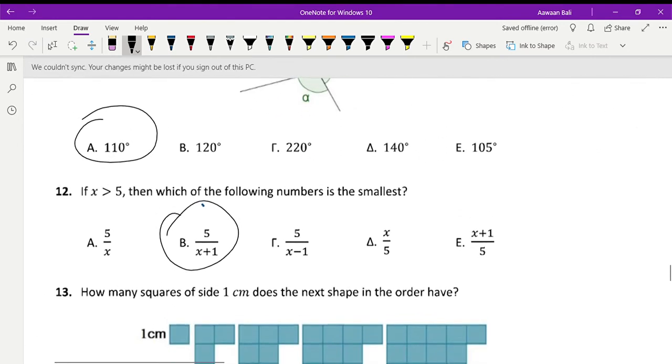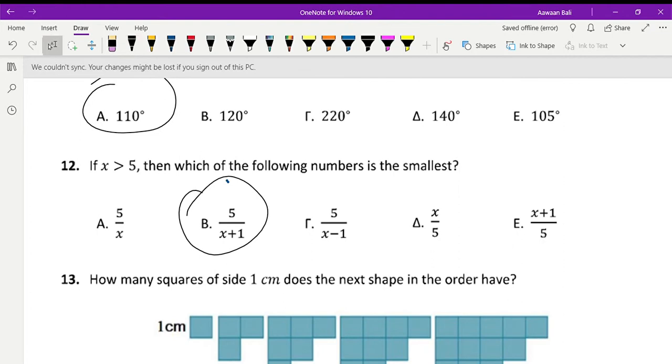Now, question number 12. If x is bigger than 5, then which of the following numbers is the smallest? Now, let's see. There's a rule for fractions.